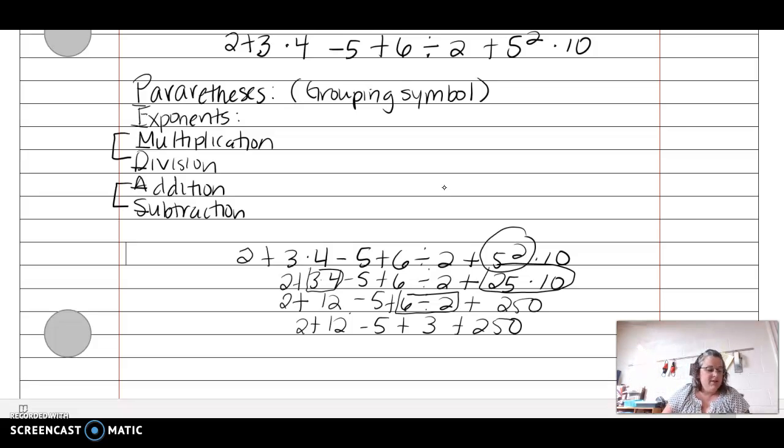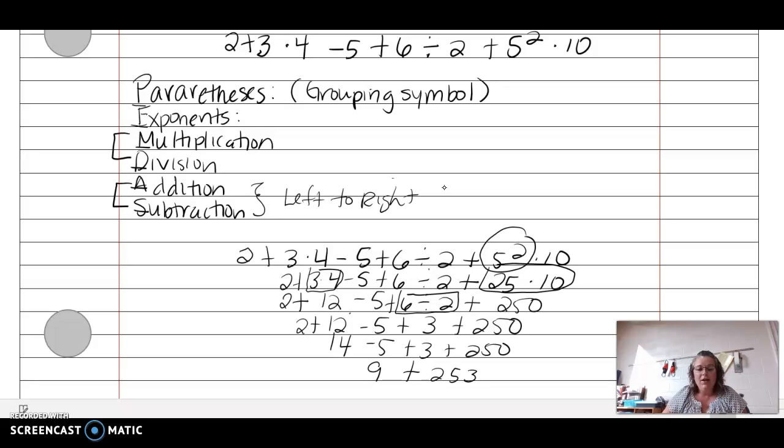Now we have addition and subtraction, and it looks like you can do these simultaneously, but we're going to do them from left to right. So we have the 2 plus 12 is 14, minus 5 plus 3 plus 250. 14 minus 5 is 9. The 3 plus the 250 is 253.